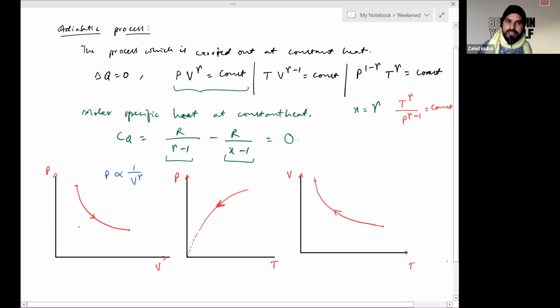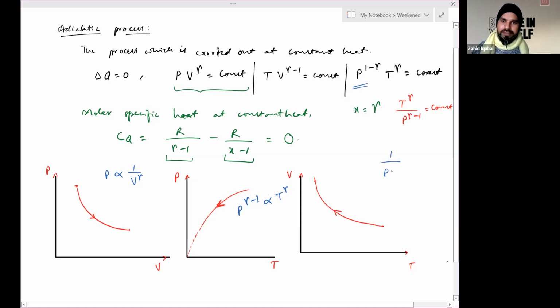So the graph will be a rectangular hyperbola. Using this third expression, you will say pressure to the power gamma minus 1 will be directly proportional to temperature to the power gamma. Since in this part, we have 1 minus gamma, so on moving it to denominator, it will become gamma minus 1.